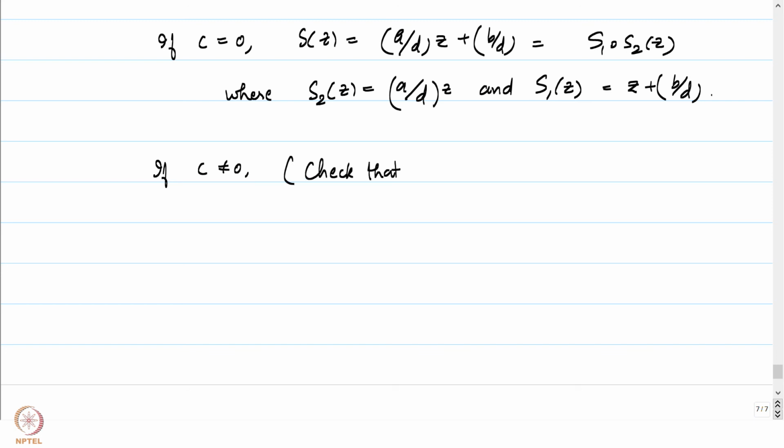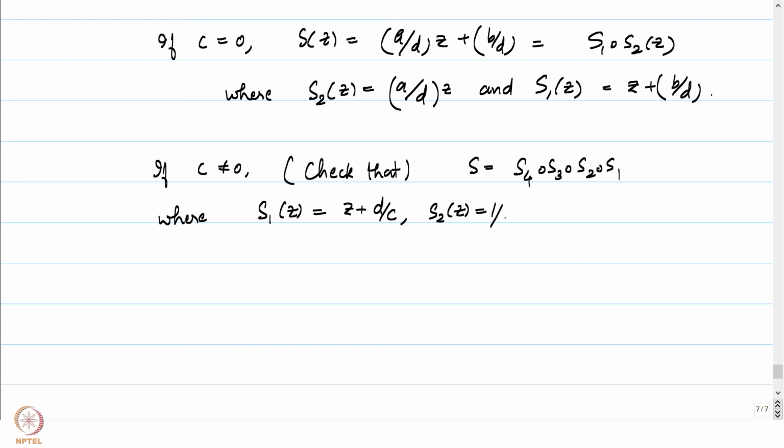Check that S is equal to S4 composed with S3 composed with S2 composed with S1, where S1 of Z is translation, S2 of Z is the inversion, S3 of Z is a dilation of the type (BC minus AD) by C square times Z, and finally S4 of Z is another translation.